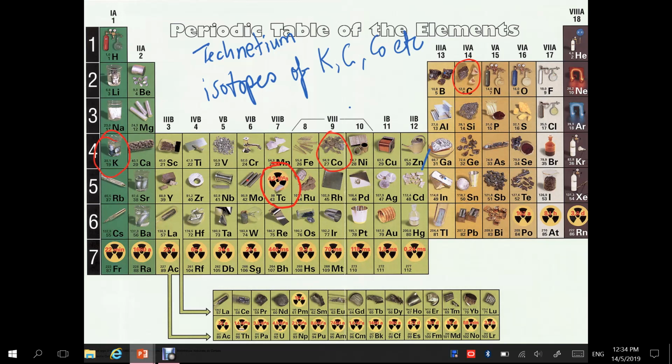That's why banana is radioactive. Also found in your potato and your carrot. In addition to that, we also have carbon. Carbon 12 is stable but not carbon 14. And usually carbon 14 is found in living things.